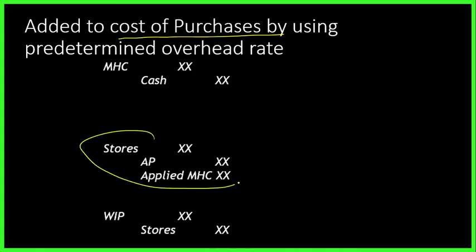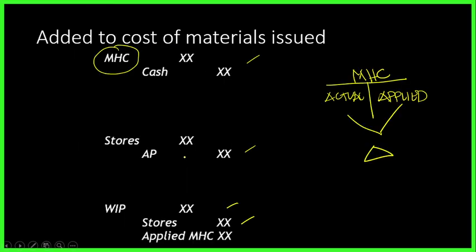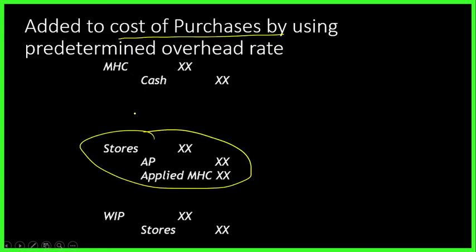That's one difference. This one, if you go back, is only applied when it is issued. Kaya when you acquire, it's simply a debit to stores and credit to accounts payable.